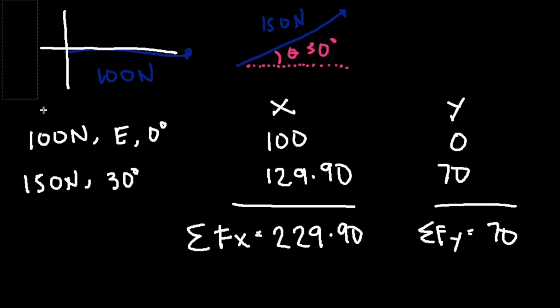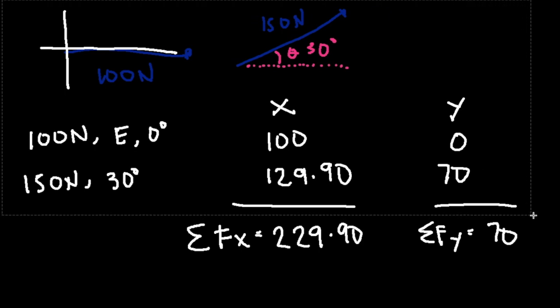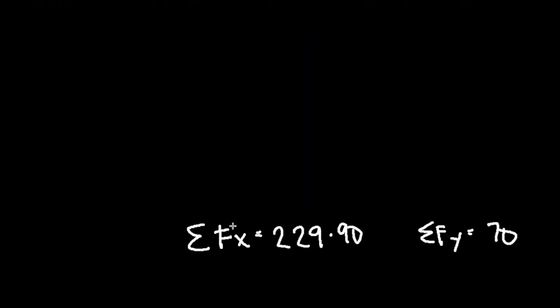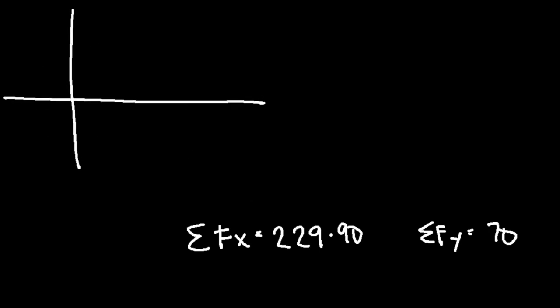I want you to forget all the other stuff that we have and just focus on our summation of all the F of x and F of y components of each vector. So let's try to regraph this on an xy plane. Let's do the head to tail method. So we have 229.90 newtons for the x.